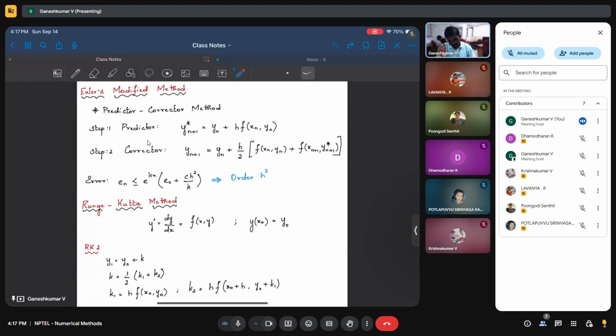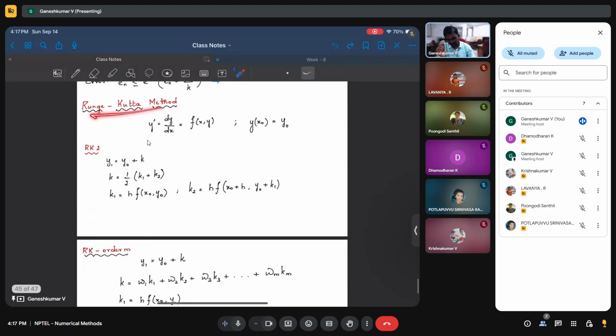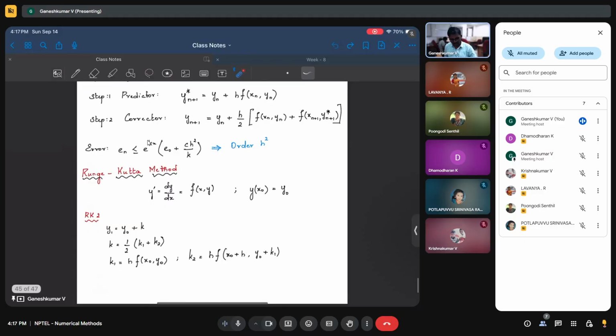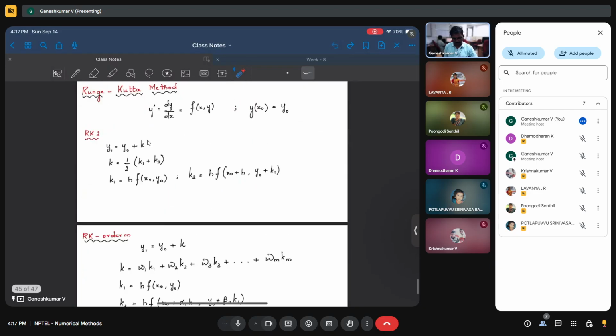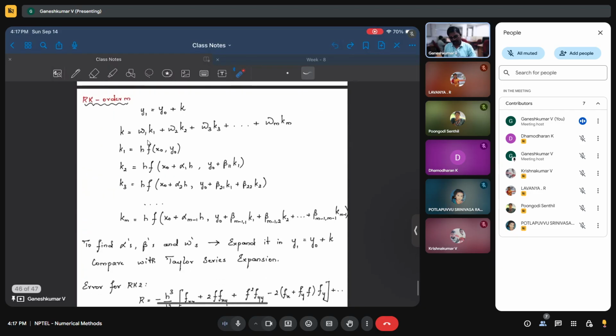So this is Euler's modified method, and then the other class of methods are Runge-Kutta methods, where we generalized all these predictor corrector methods, we derived how to obtain a better, more accurate solution. Here what we did is, let's say I want order m accuracy.